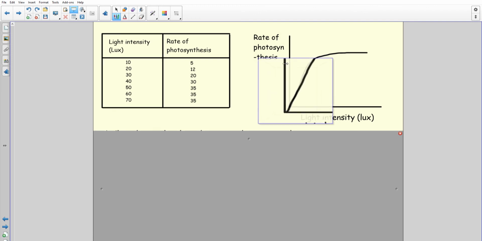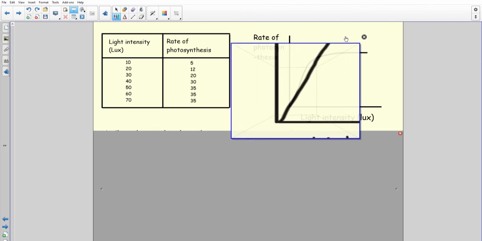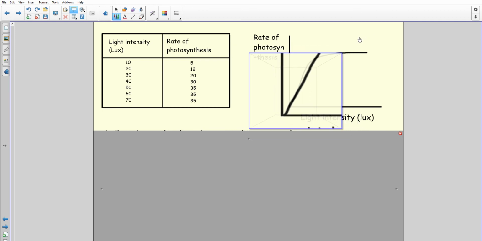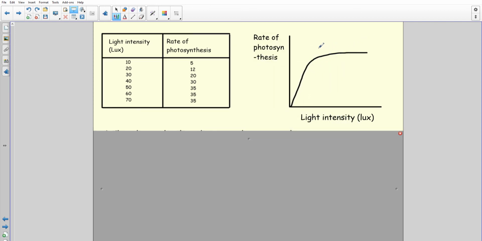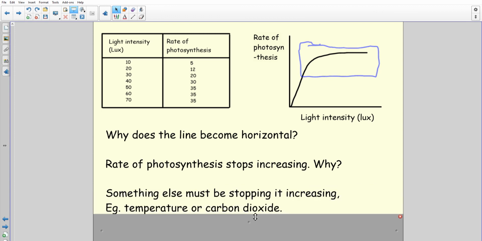As the light intensity goes up, the rate of photosynthesis goes up, and we get a roughly straight line going up. But then eventually it curves off at the end, like this. It curves off and goes flat because something else is stopping the photosynthesis from happening.